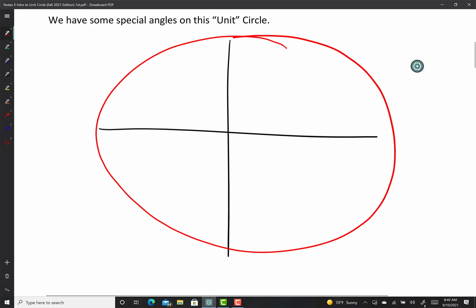There are some special angles on this unit circle, and I tried to make it perfect, but it's not. A unit circle has a radius of 1, and it's centered at the origin. And here is how it looks.